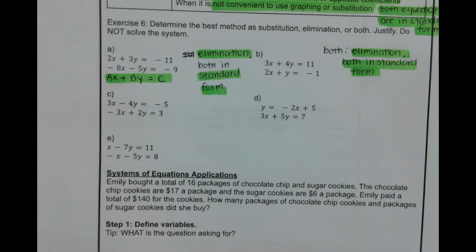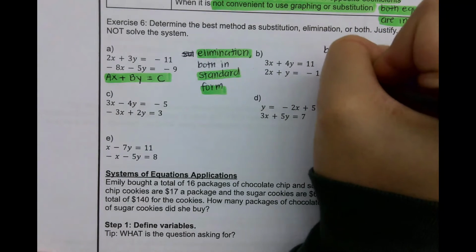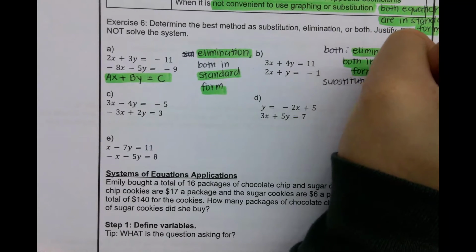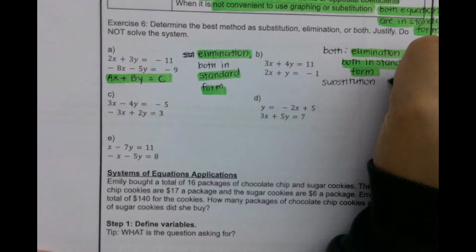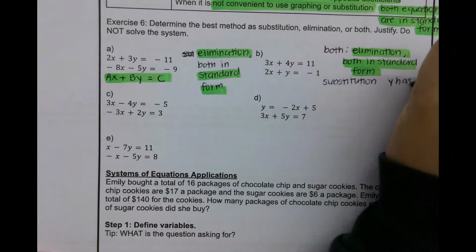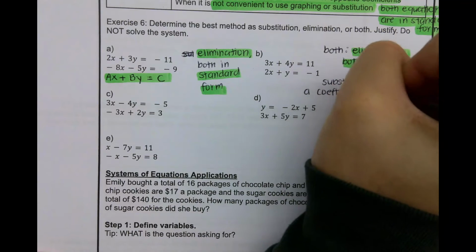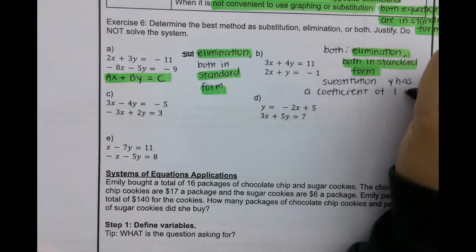Or substitution is also great, because y already has a coefficient of 1 in the second equation.